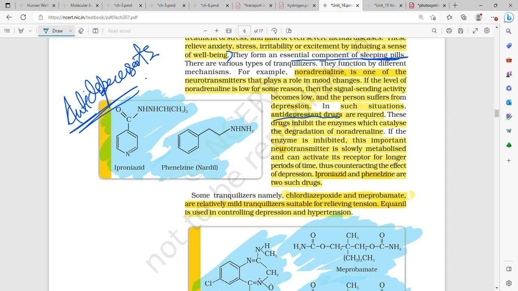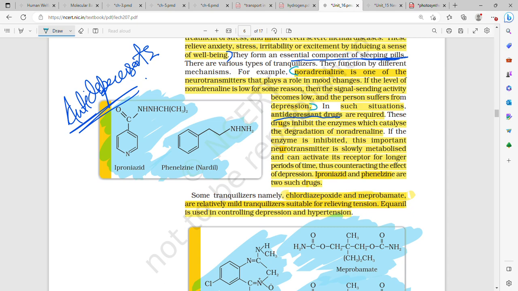There are different types of tranquilizers. For example, firstly, noradrenaline. Noradrenaline is one of the neurotransmitters, and what is its function? It plays a role in mood changes. If the level of noradrenaline is low for some reason, then signal sending activity becomes low and the person suffers from depression.